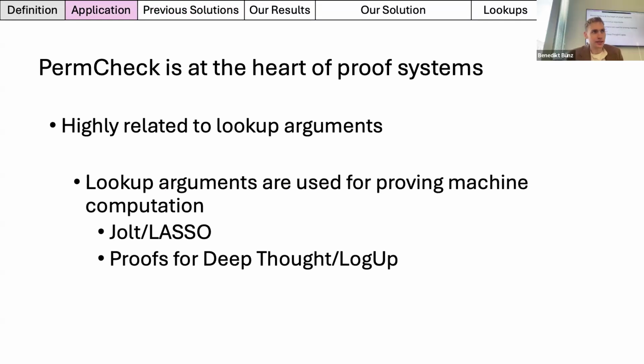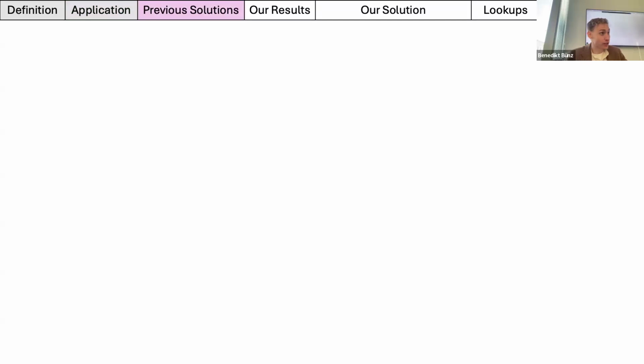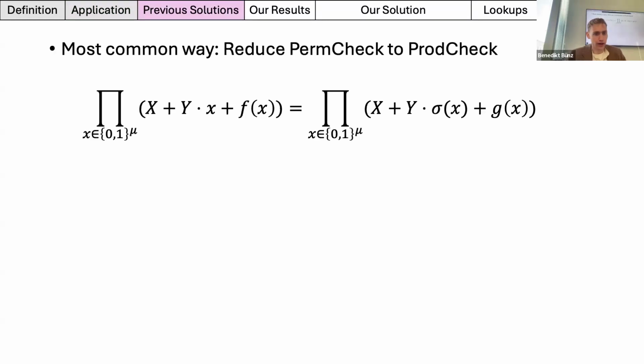Good. Okay, so let's see how they're constructed. And you already mentioned something before, that the most common way is to reduce the permutation check to a so-called product check.